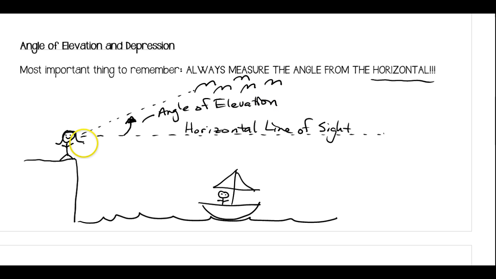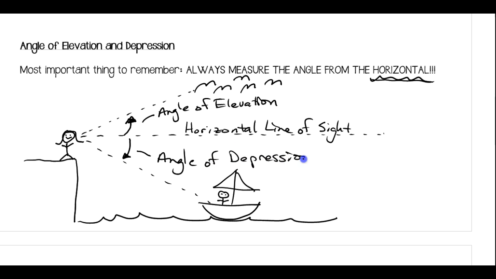Or if I look down to the boat, the angle from the horizontal, again always from the horizontal, is going to be my angle of depression. Okay, so if you keep in mind that the angle is always either up from the line of sight or down from the line of sight, you should be okay with these types of problems.